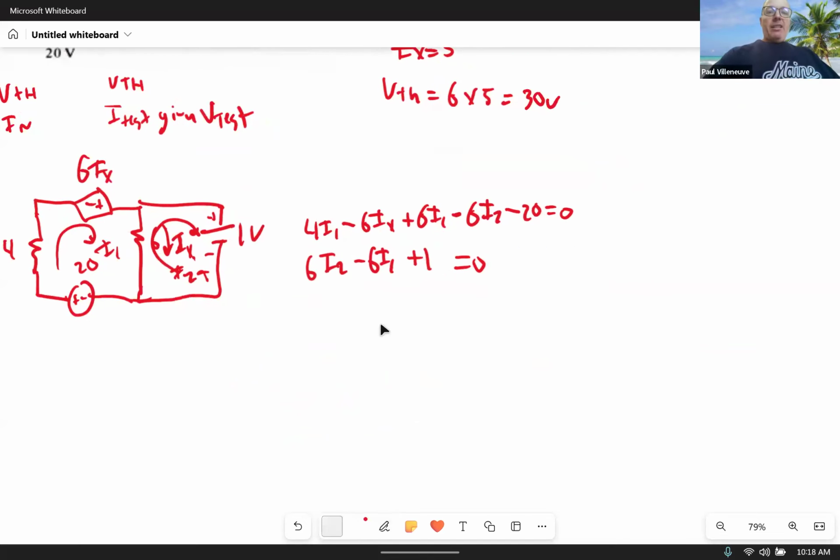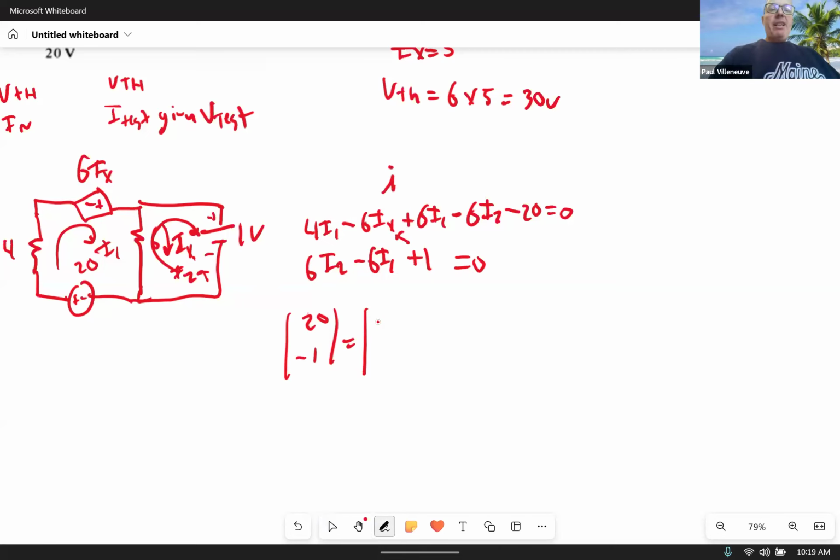So I've got 20 and -1 equals... I'm going to have 3 equations because I have that IX variable.